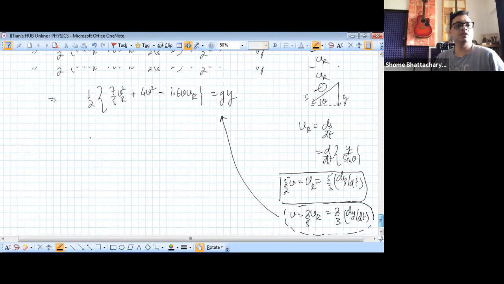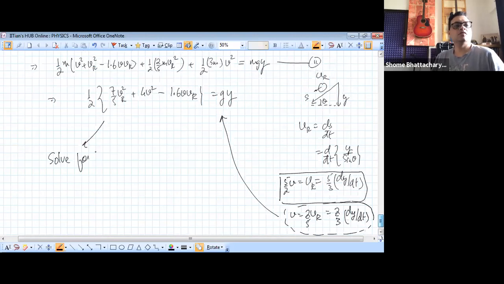So one is you can solve this for V as a function of y. That is one thing. Okay. So that will give you the answer to the first part.